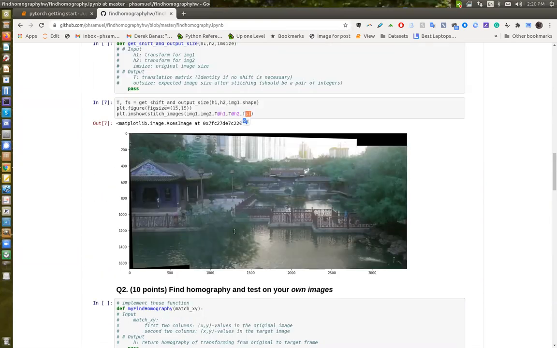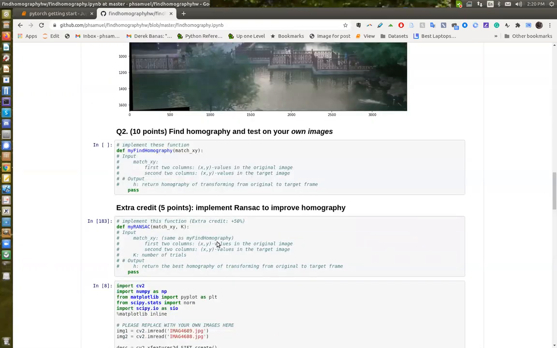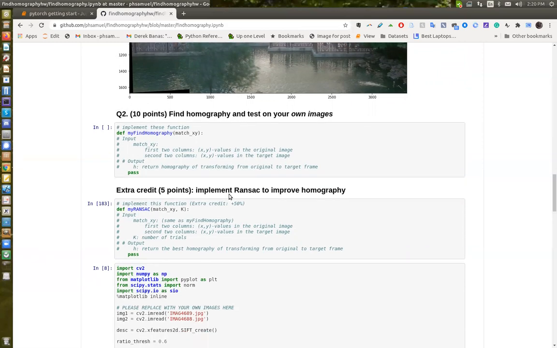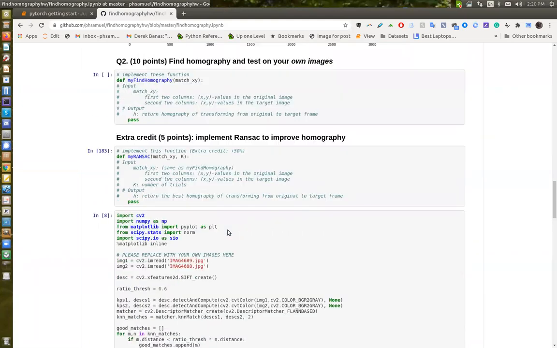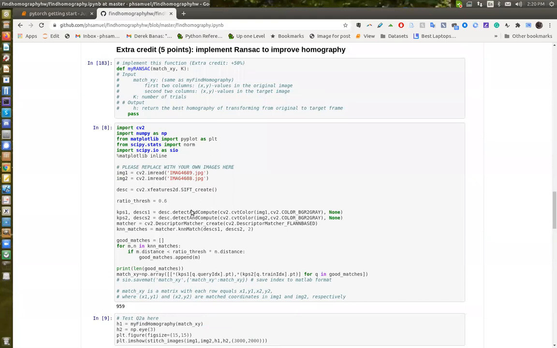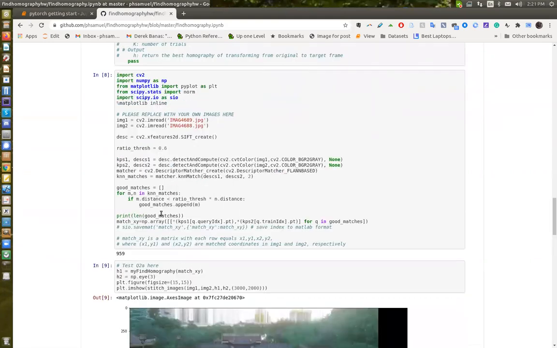And the second part is I want you to solve for the homography. Earlier we said what we want to do is, wait a sec. Yeah, in question 1, we gave you the homography, right? In question 2 here, what I prepared is I have already written the code here to find the descriptors and also the key points, and also create the matrix already.